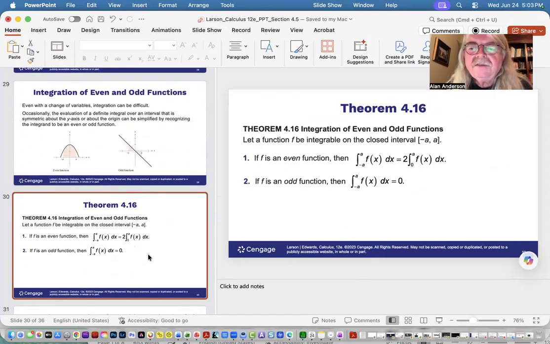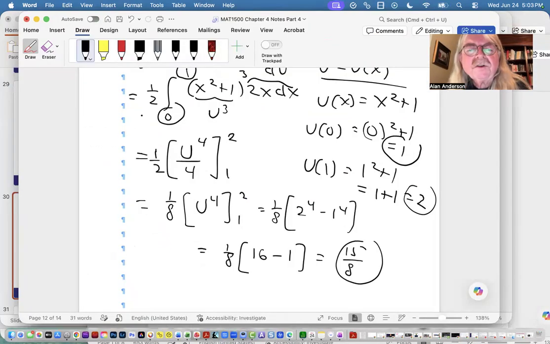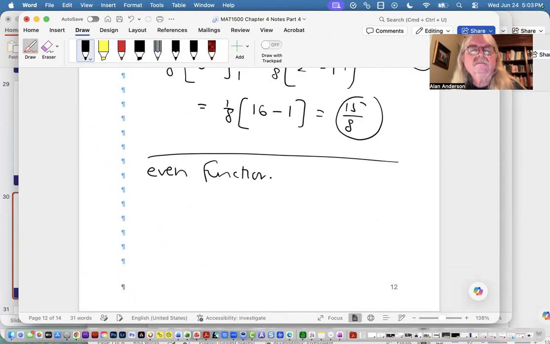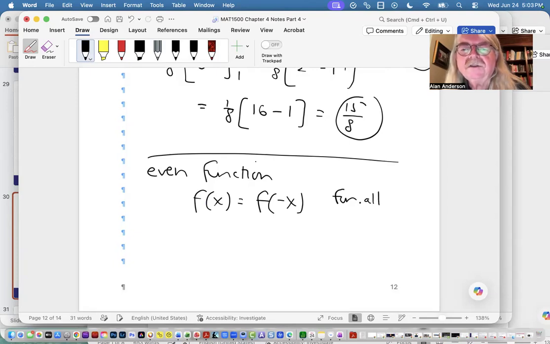So we have odd and even. Let's see. So here's some important results that we want to know. First, you might remember from your travels, what does it mean to be an even or an odd function? For all x in the domain.